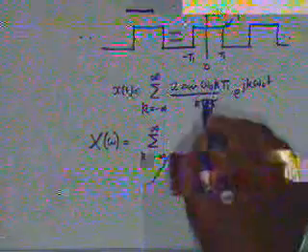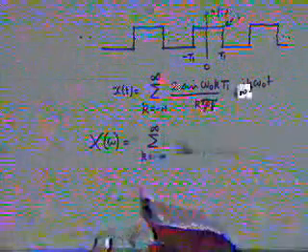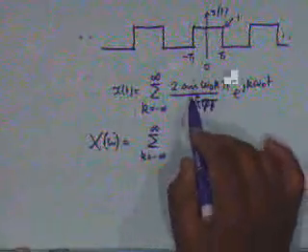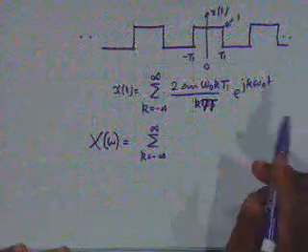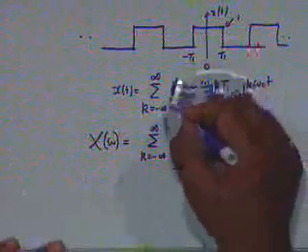This would be k pi. a_k is 2 sine of omega 0 k T1 divided by k pi. Or maybe the factor 2 is not there. a_k for a periodic pulse like this was sine of k omega 0 T1 divided by k pi. I think this was the correct expression. The factor 2 came because we wanted to bring omega 0 into the denominator.